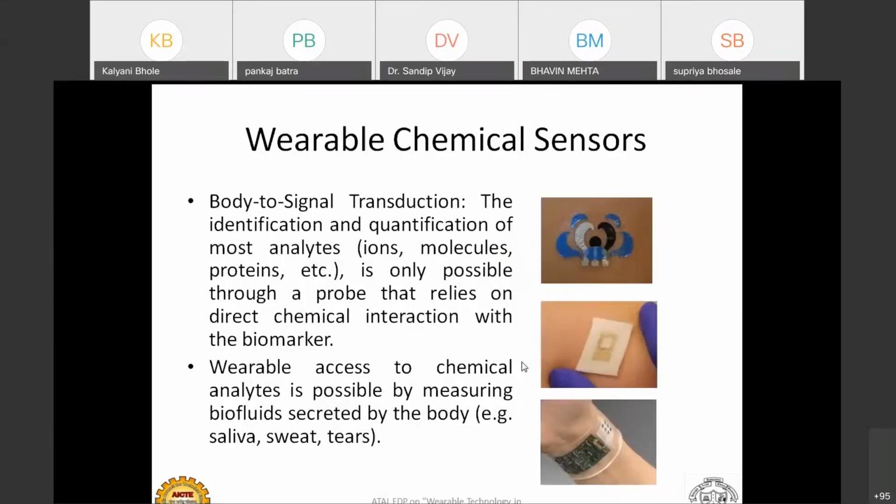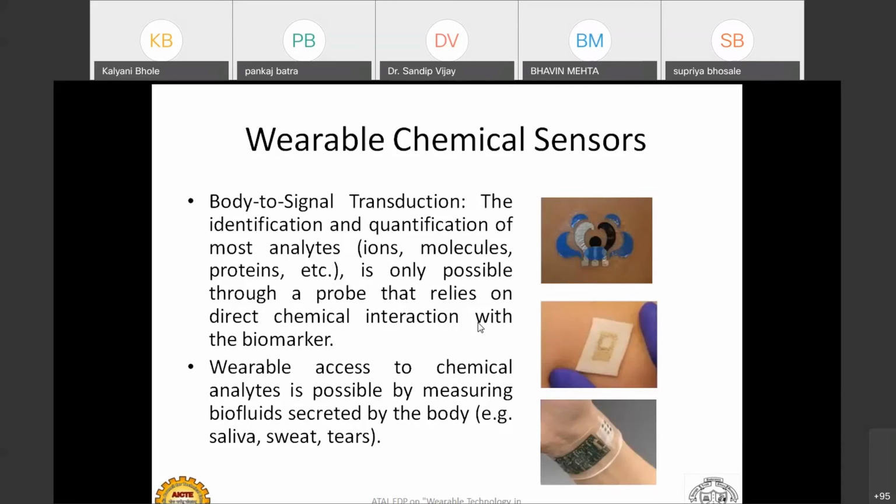Let us discuss the last type, that is the wearable chemical sensor, and how body-to-signal transduction happens. The identification and quantification of most analytes is only possible through a probe that relies on direct chemical interaction with the biomarker.